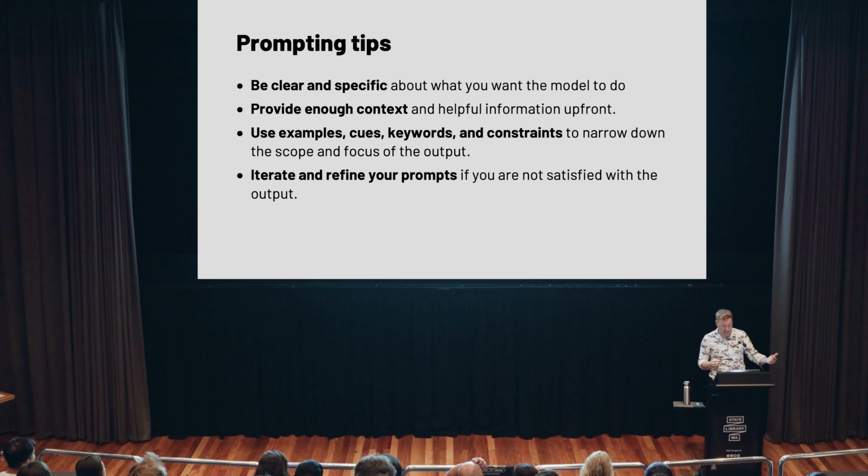And then you can use examples like I described, or cues or keywords or constraints. There's a whole bunch of ways you can format it. Cues are like using semicolons or using line separators and things to separate different contexts of information. A quick Google search or some of the resources that I have at the end will give you a bunch more info in this space if you want.